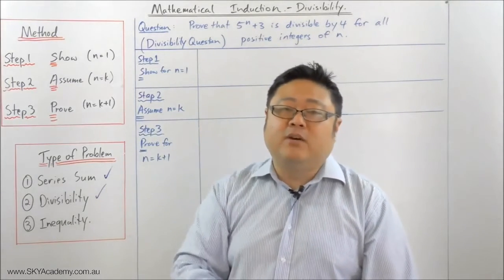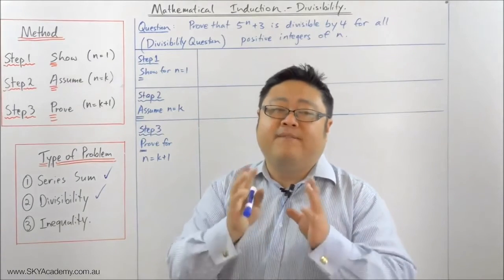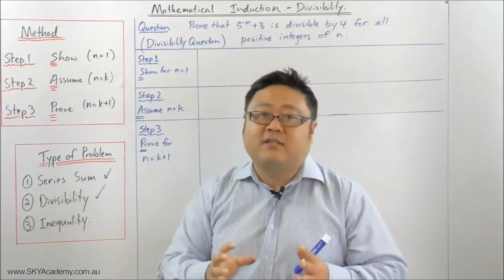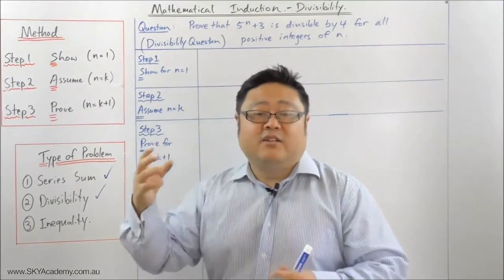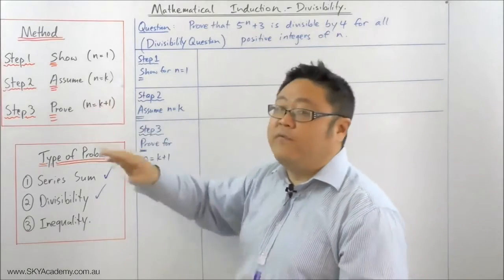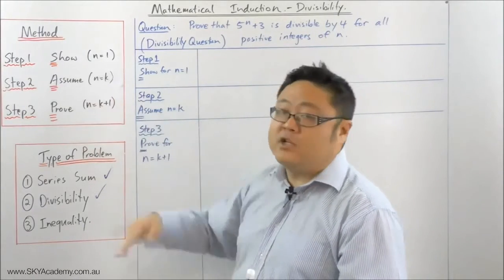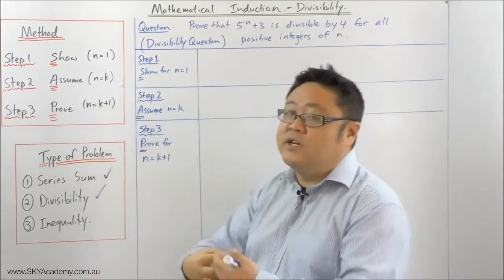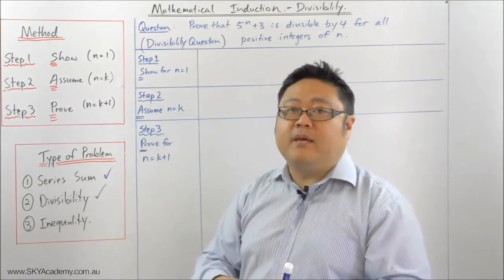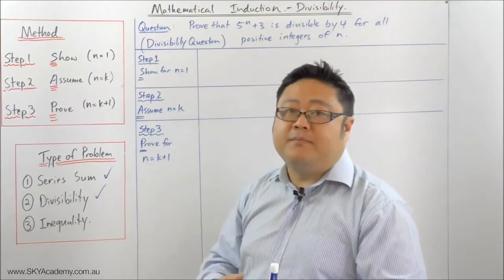It might be a simple step, but it's a very crucial step. This is really where the crux of the induction takes place. It's the focal point of the induction proof, because this is where you set up the premise being true.